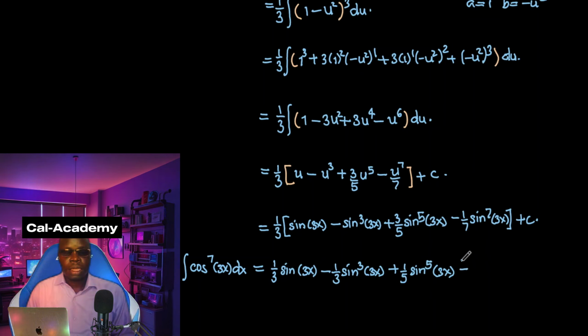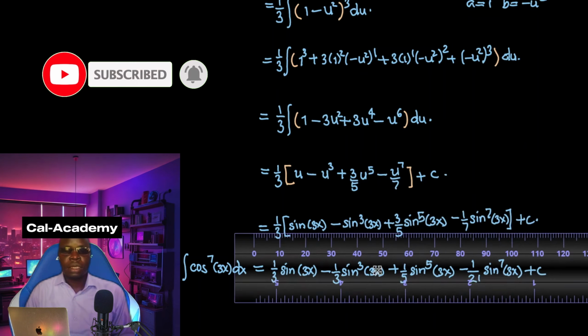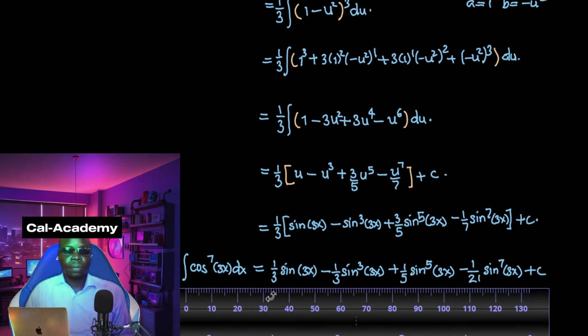So here the 3 and the 7 from the denominator will multiply themselves, and we have over 21 sine to the power of 7 of 3x plus our constant of integration. That brings us our answer here.